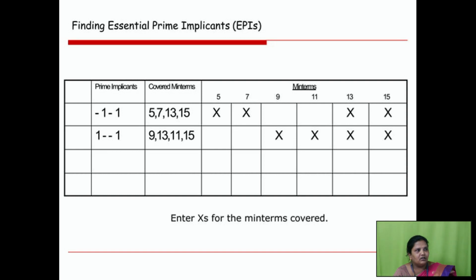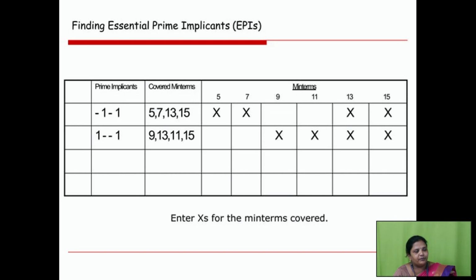Then next 9 13 and 11 15. Then next, first you can put your cross or dot for the corresponding min terms. In your first row we have 5 comma 7 comma 13 comma 15.